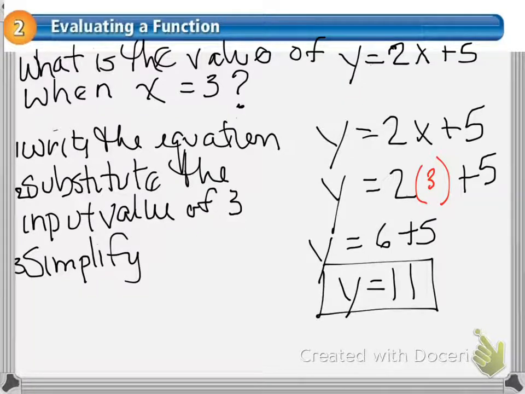And that would be evaluating the equation y equals 2x plus 5. When x is 3, y is 11. We can always write it as an ordered pair, (3, 11).